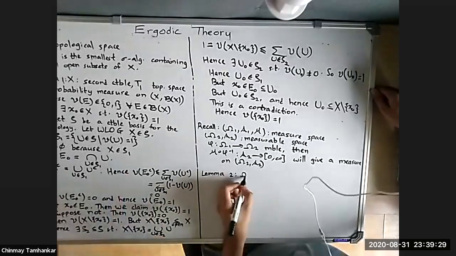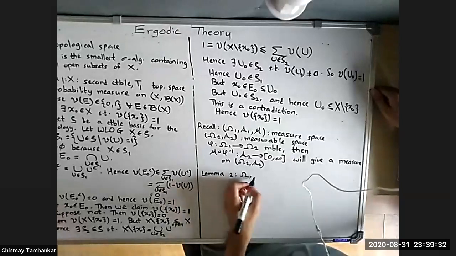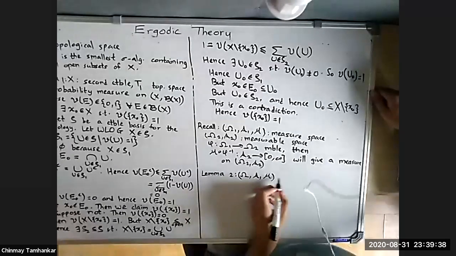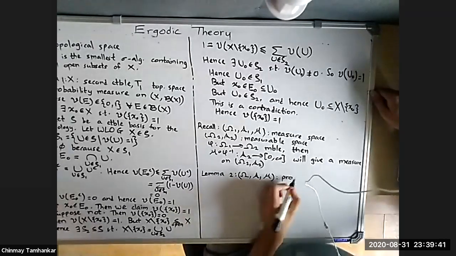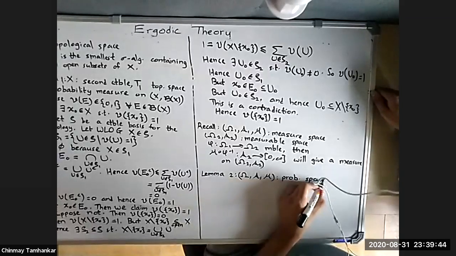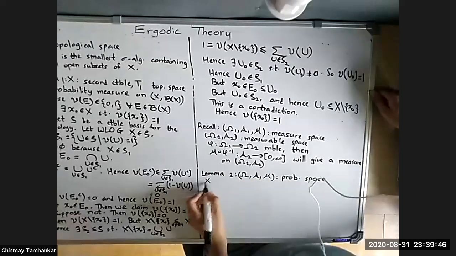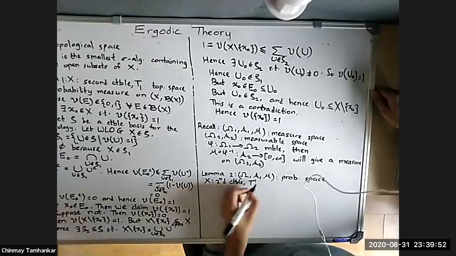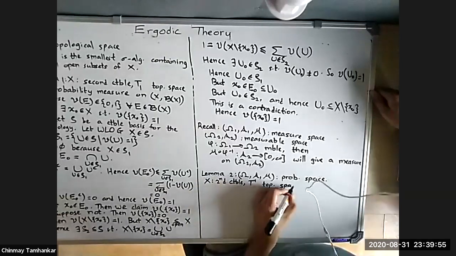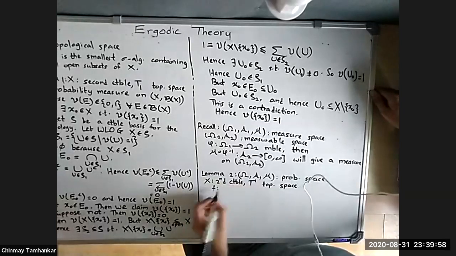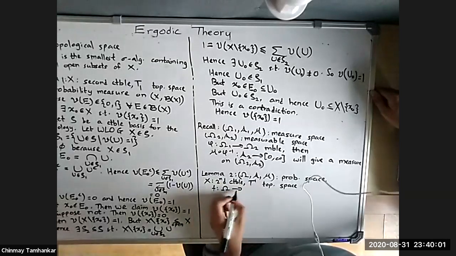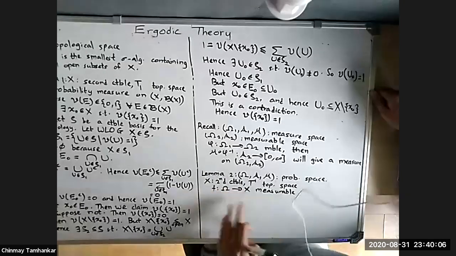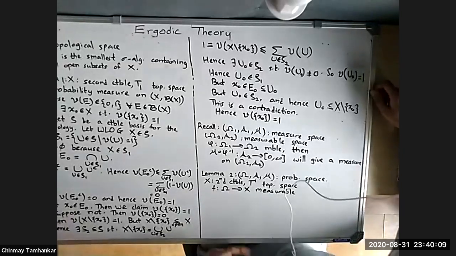So omega, mu is a probability space, and X is a second countable T1 topological space, and we have a function f from omega to X measurable, where any topological space we will always consider with its Borel sigma algebra.